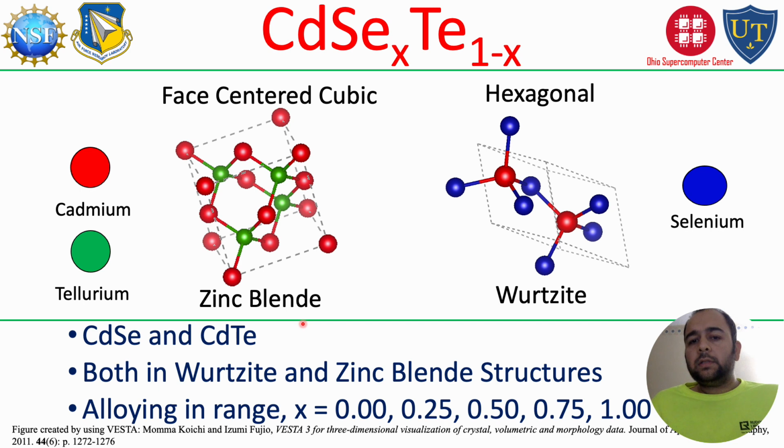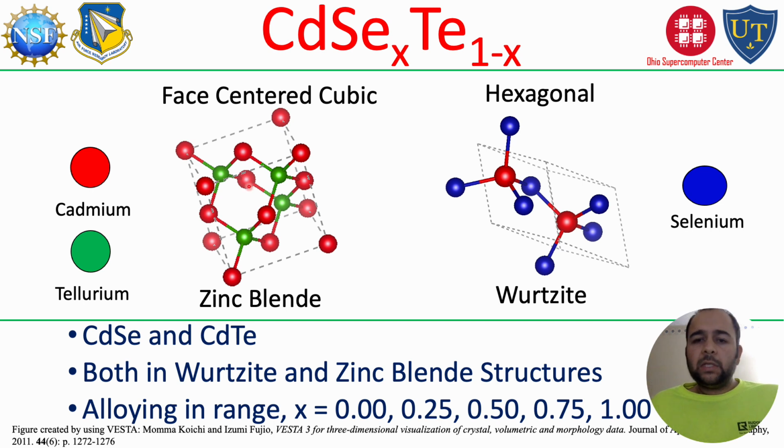One of the first materials is cadmium selenium telluride. It's a well-renowned solar cell material. It's highly used in the photovoltaic market these days. The photovoltaic market is dominated around 10% by this material. The unique idea behind our research is that we have utilized both the crystal structures while alloying this particular material.